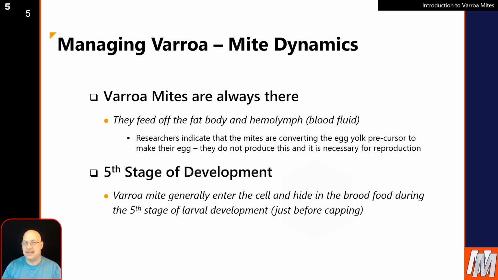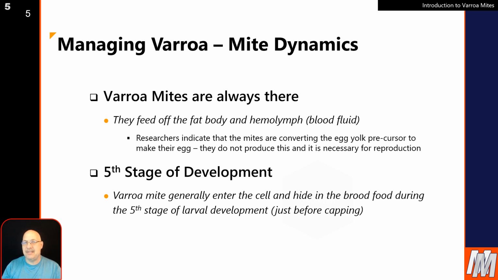The first one is the adult bees. They'll be on the underside, underneath the abdomen in between the plates, attacking the fat body tissues of the adult bees. They're extracting a protein there in order to complete their egg-laying cycle, something that they do not make internally. And they're getting other resources, of course, from attacking the bees.